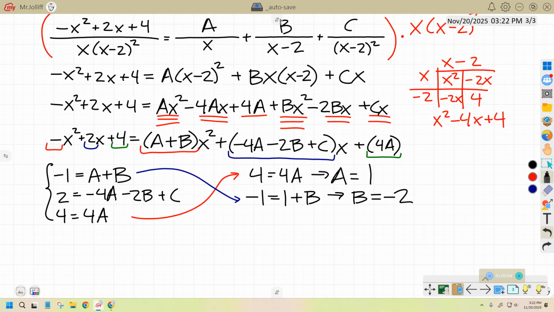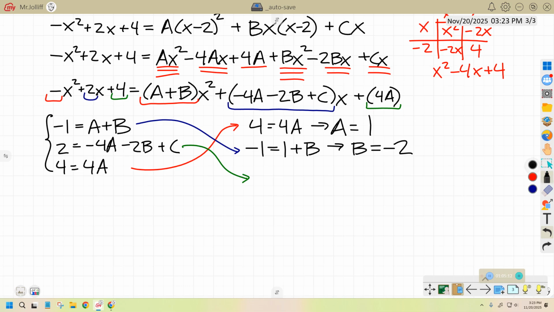Good. Last step. I'm going to grab the equation I haven't touched yet, and I'm going to substitute in the two values that I know. A is 1, B is -2. So 2 equals -4 times 1 minus 2 times -2 plus C. On the right, -4 times 1 is -4. -2 times -2 is +4.